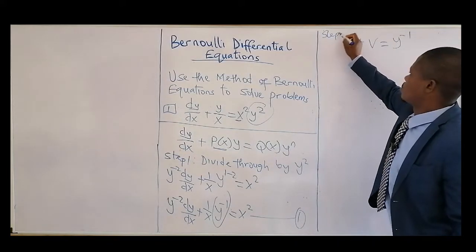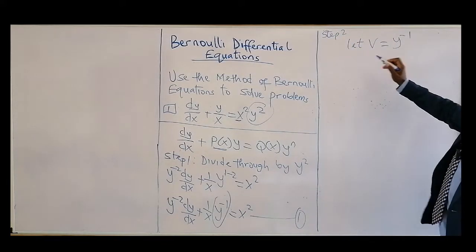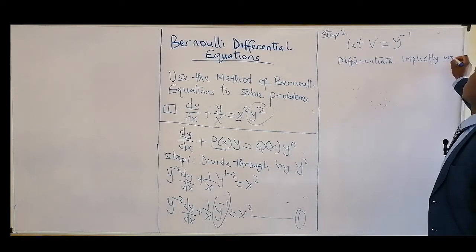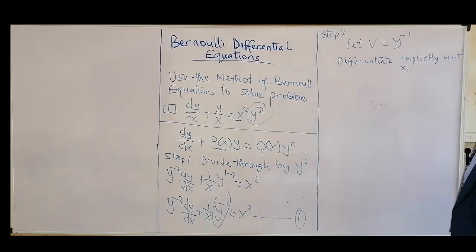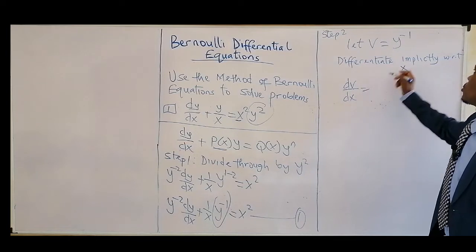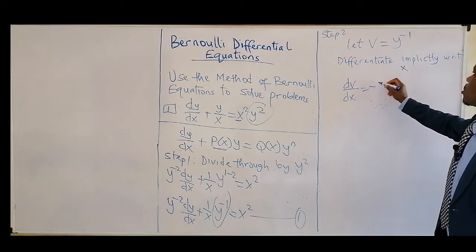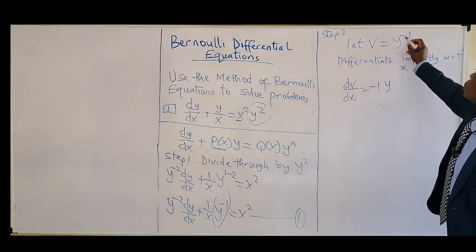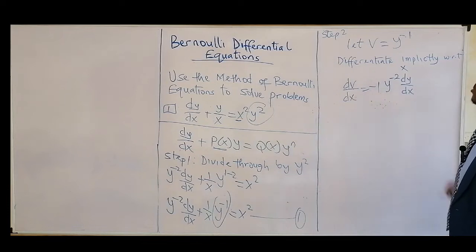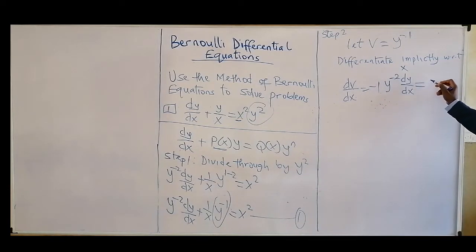Then differentiate that implicitly with respect to x, and that will be dv/dx equal to minus 1 go to the front, y^(-1-1), which is y^-2, dy/dx. And this will be equal to minus y^-2 dy/dx. So that's what we have there.